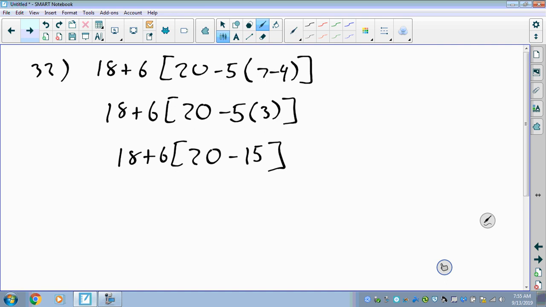The brackets are just parentheses. 6 times 5 is multiplication here, 6 times 5 is 30. 18 plus 30 is going to be 48.